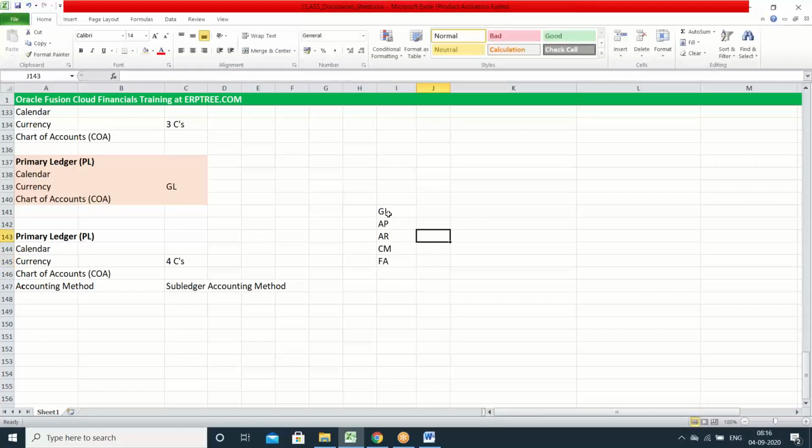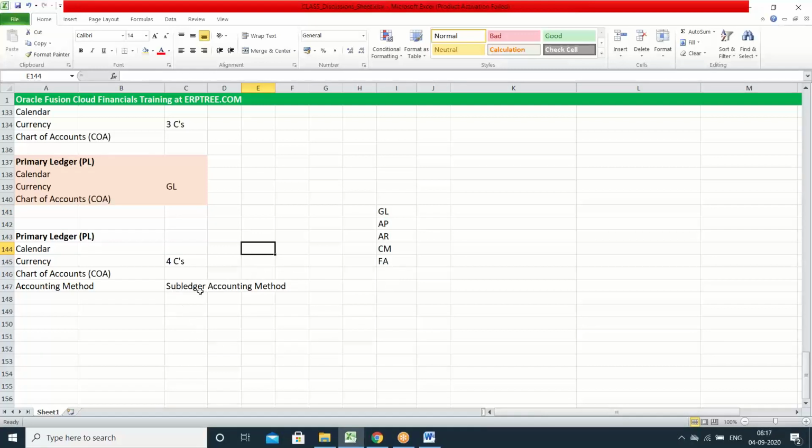So other than GL, all applications we call subledger applications. Please go through the second session which we already discussed as P2P and O2C. Still if you have any doubt, we'll discuss. Otherwise, we have to discuss a lot of information to understand that. Okay, no problem. After going through that second session also, if you are still not able to find the difference, we'll discuss.